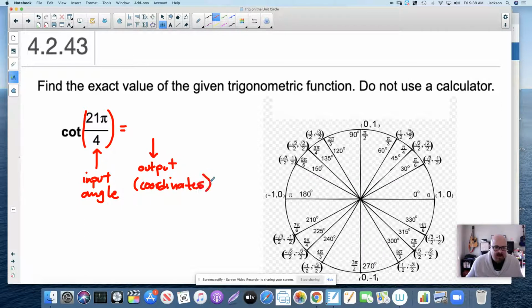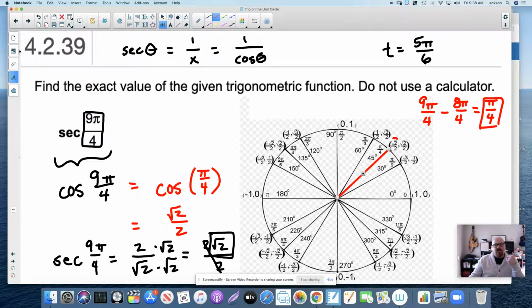And I have to backtrack just a second because when I was talking about this video, I was saying anytime you're asked to do one of these reciprocal functions, and I said secant, cosecant, cotangent, you should do its reciprocal first and then flip it over. Cotangent is kind of an exception to that, right? So let me just say with secant and cosecant, it's best to do cosine and sine and then flip them over.